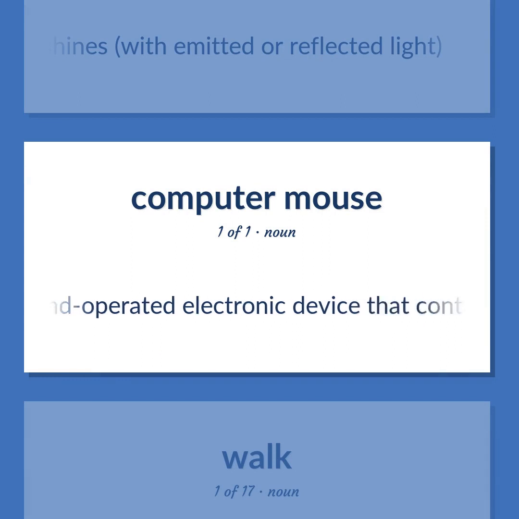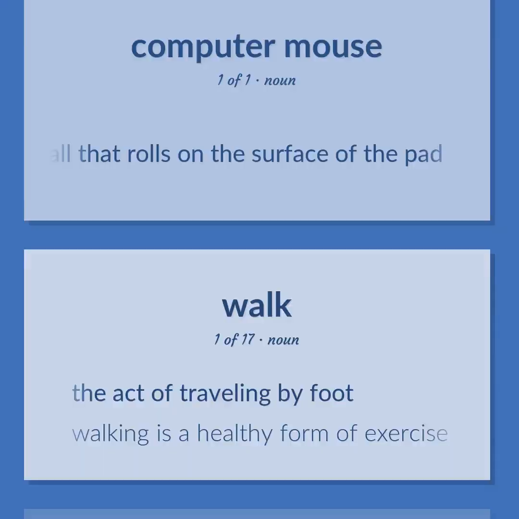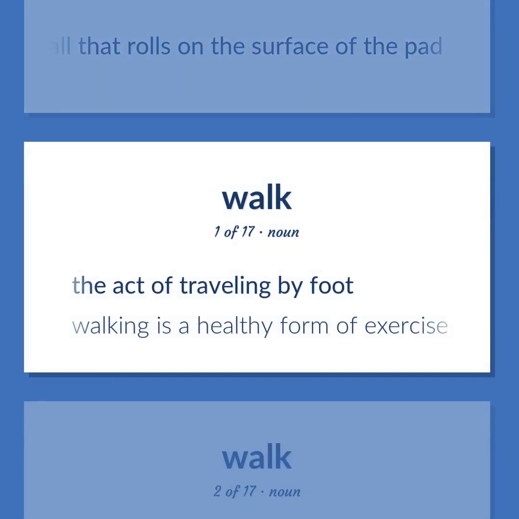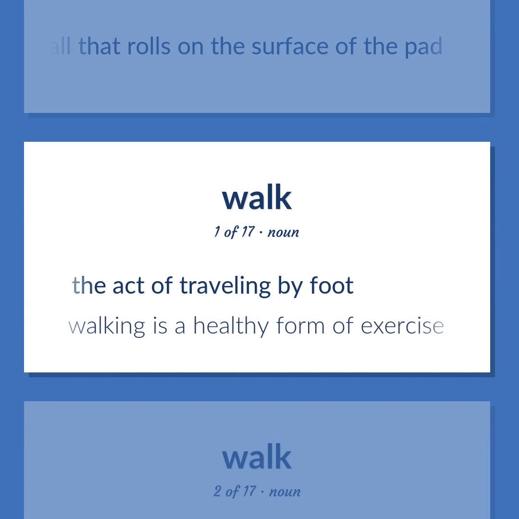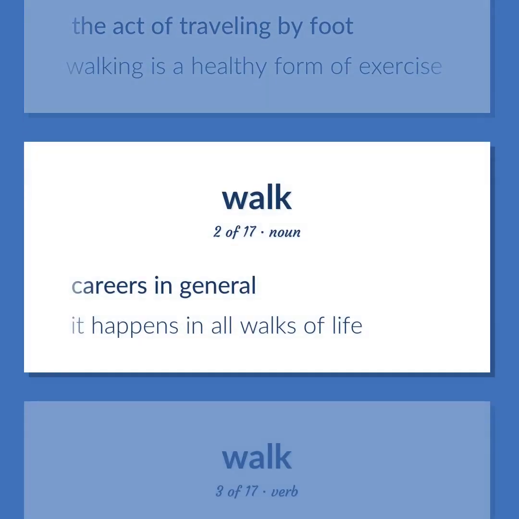A hand-operated electronic device that controls the coordinates of a cursor on your computer screen as you move it around on a pad. On the bottom of the device is a ball that rolls on the surface of the pad. The act of traveling by foot. Walking is a healthy form of exercise. Careers in general.